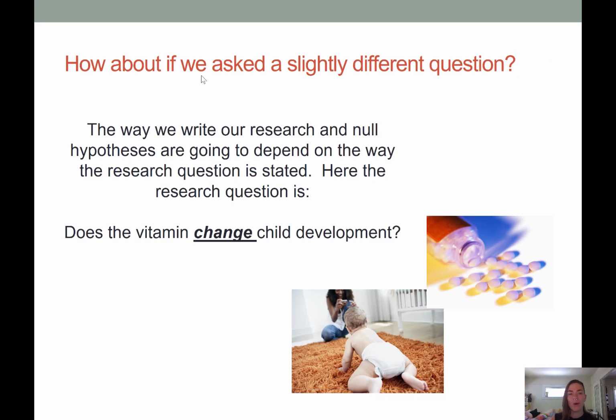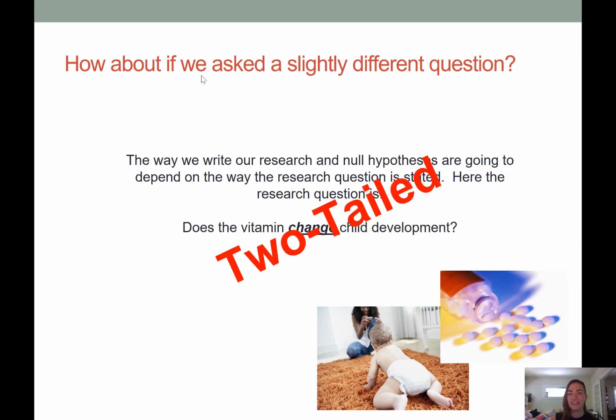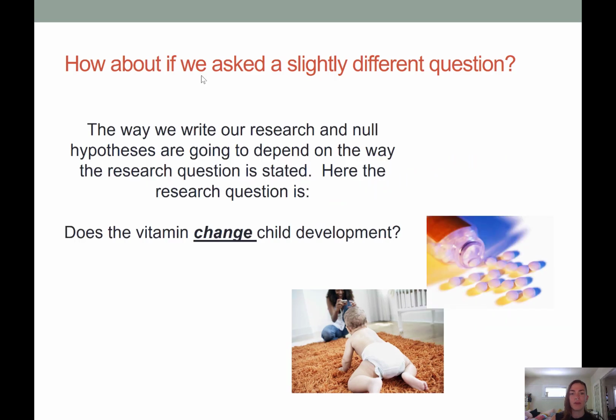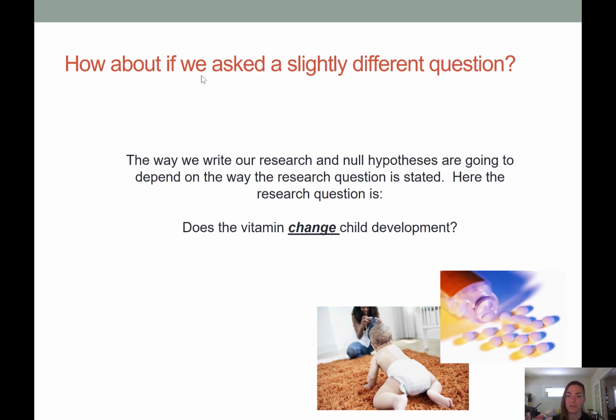Okay, so we could write up this research finding and say that we think the vitamin might be working. Notice that I'm switching gears a little bit here. If I had asked a slightly different research question, whether the vitamin changes child development, then I would be conducting a two-tailed test, right?